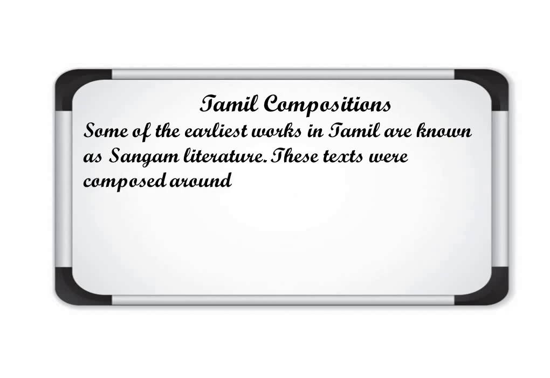These texts were composed around 2300 years ago. So here we are talking about the literature that was composed in the Tamil part of India. These texts were composed about 2300 years ago, and that literature was famous as Sangam literature.